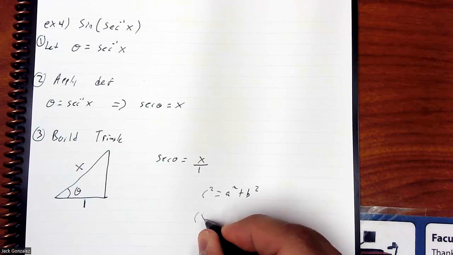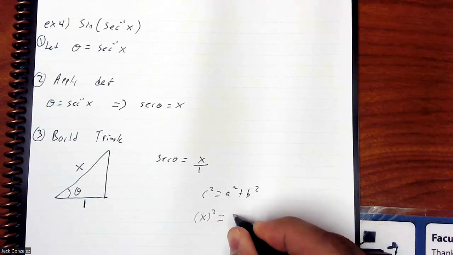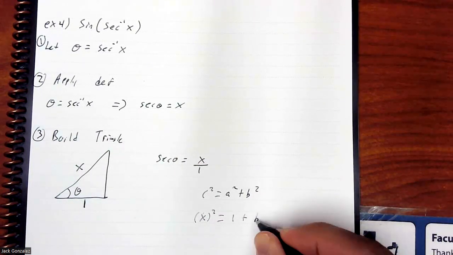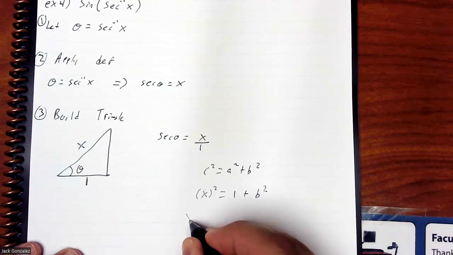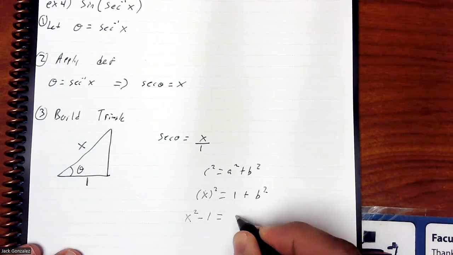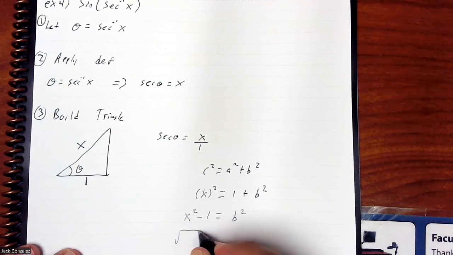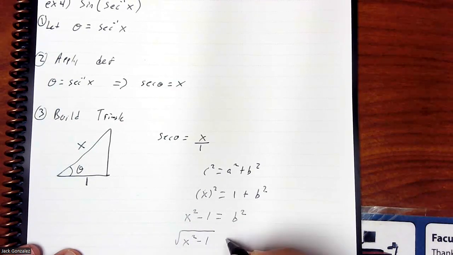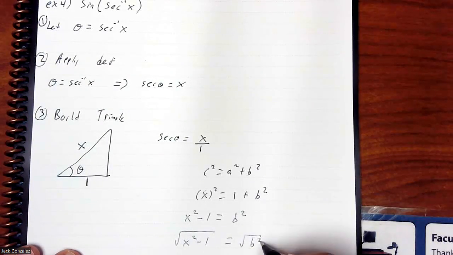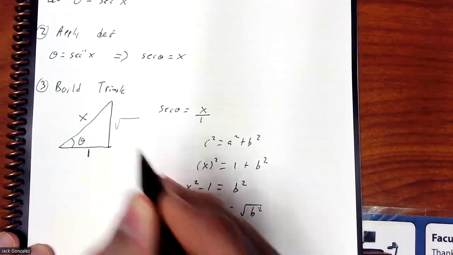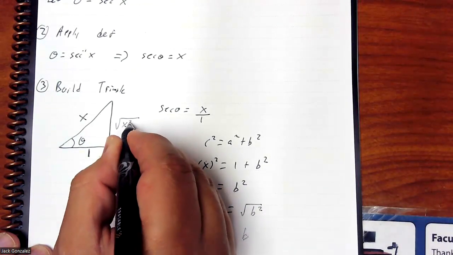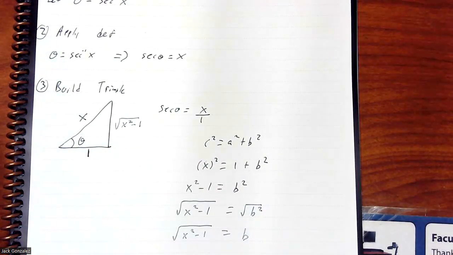C squared is just x squared. A is 1. I don't know what b is. Let's find it. Move the 1 over. Square root both sides. And we get to here. So this side is the square root of x squared minus 1.